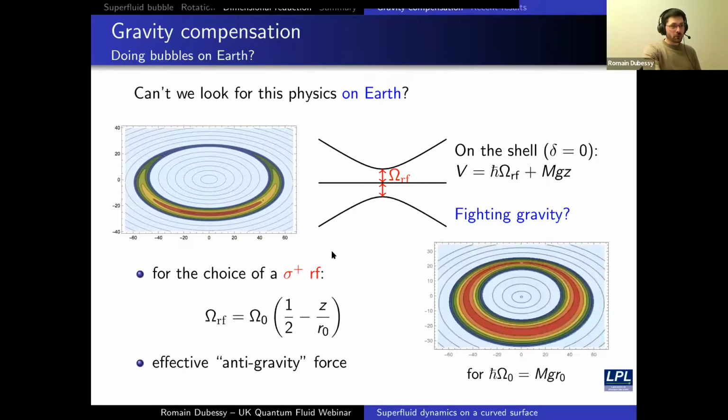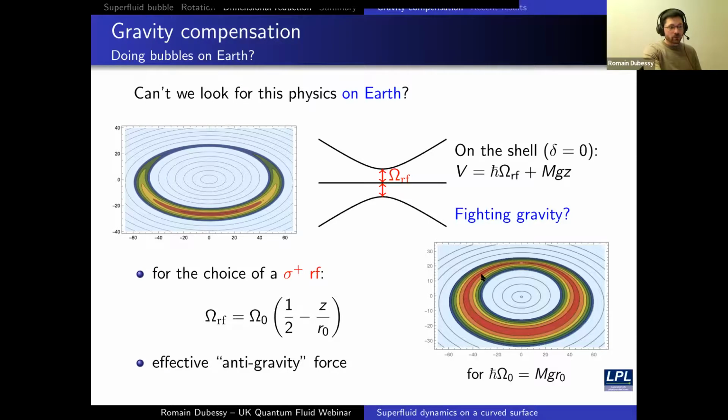For a choice of sigma plus polarization, the Rabi coupling term has exactly what you need to compensate for gravity, meaning a term linear in Z with a minus sign. If you choose your parameters carefully, including the radius of your bubble, you can compensate gravity. If you do the numerics, you find that indeed the isopotential is now filling the whole surface, the whole bubble.